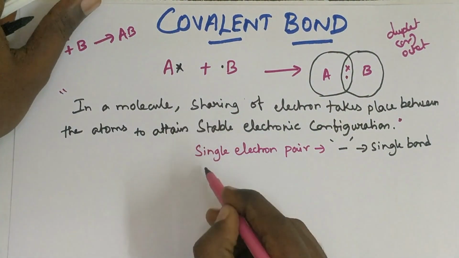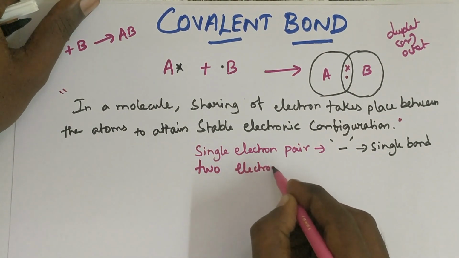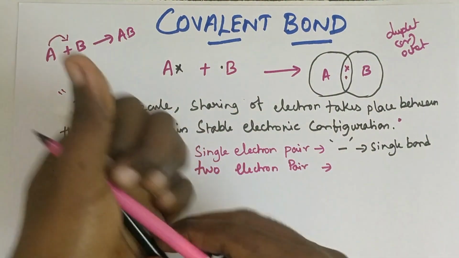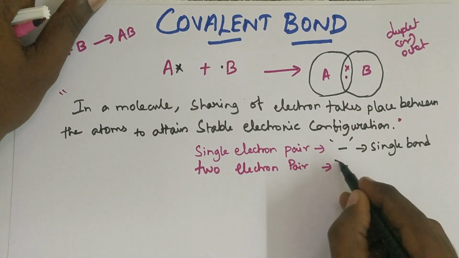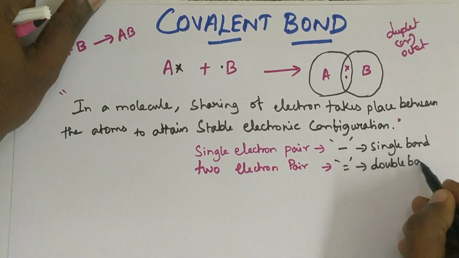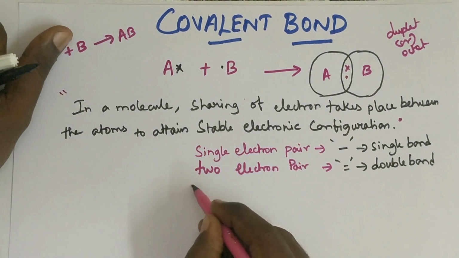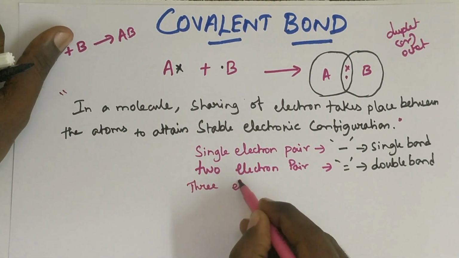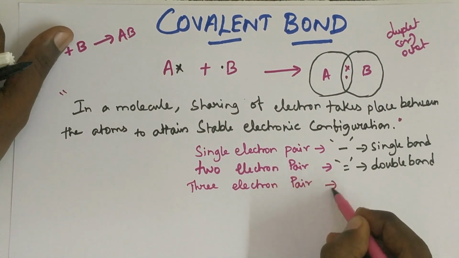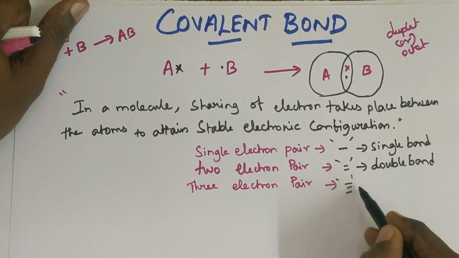If it is two electron pairs, it results in the formation of a double line or double bond. So a double line means a double bond is present. If it is three electron pairs, it results in the formation of a triple bond.